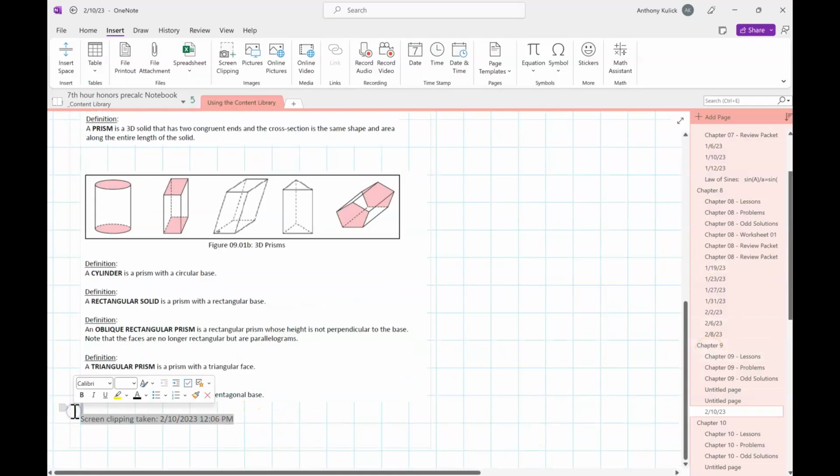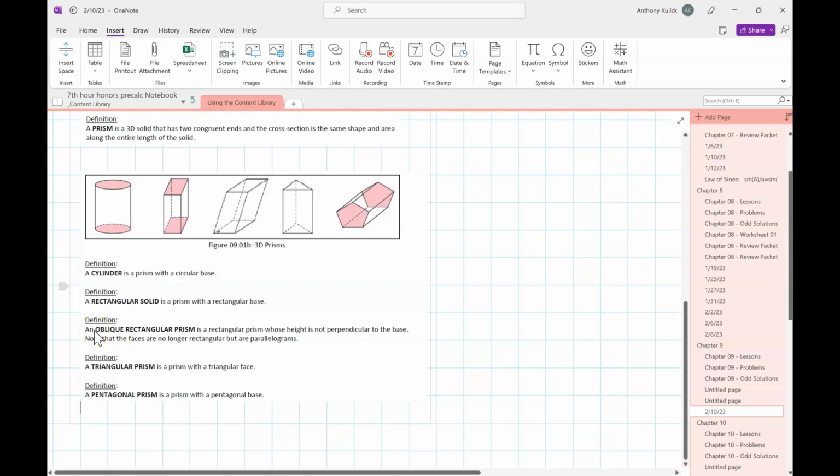Is here. This first one is a cylinder. This is another rectangular prism or rectangular solid. Either name is fine. What do we notice about this one here versus this one? Yeah, it's slanted. So when we have one of those, it's called an oblique.